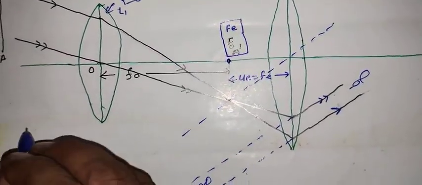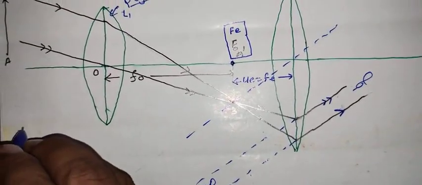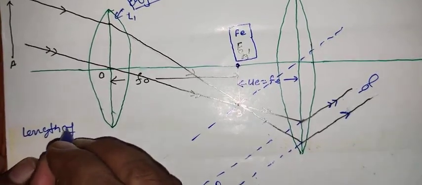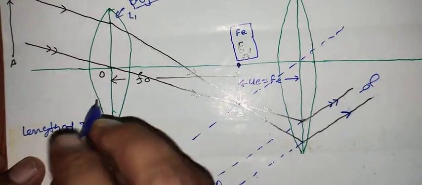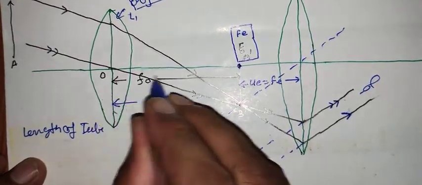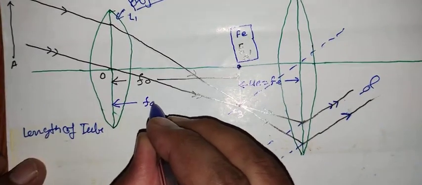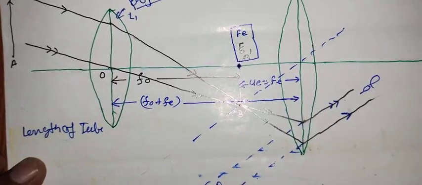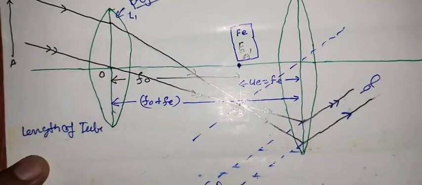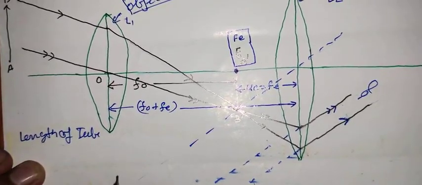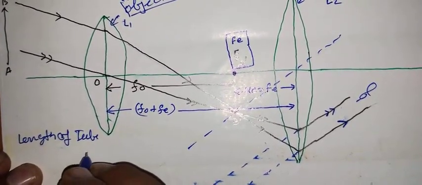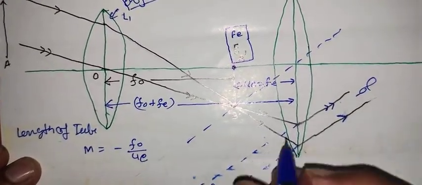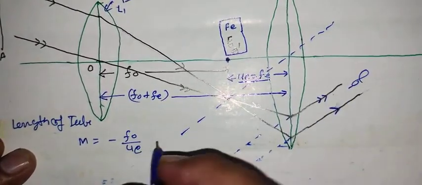In that condition, see very carefully the length of the tube. This is FO and this is Fe. So we may write the length of the tube as FO plus Fe. Now see the magnification formula for this. The magnification formula in equation number 4 is M is equal to minus FO by UE, but UE is equal to Fe.